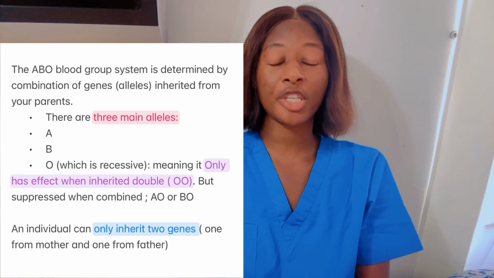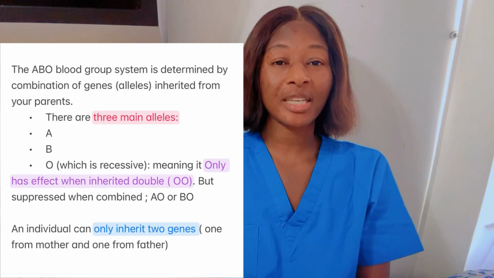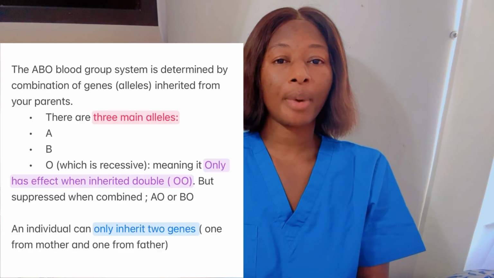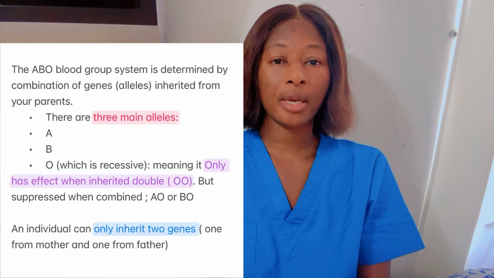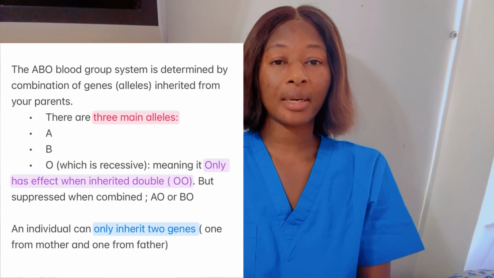The ABO blood group system is determined by the combinations of genes inherited from parents. In the same way we inherit certain genes that make up our physical appearance, or how we look, from our parents, blood group genes are also inherited in a similar manner.